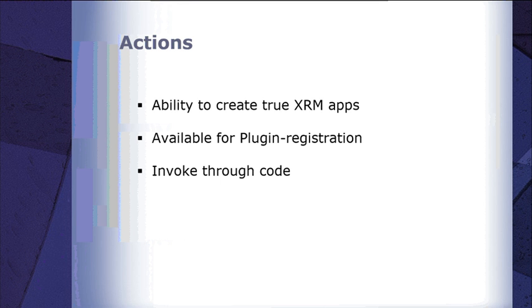So what are actions? Actions are custom messages that you can create for your implementation of the business logic. Traditionally we have had messages like create, update, win, for opportunities or quote, and things like that. So what are they? They are messages.